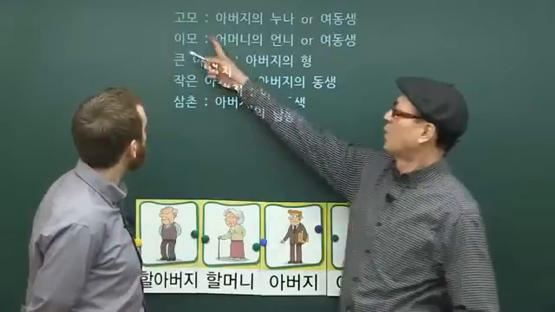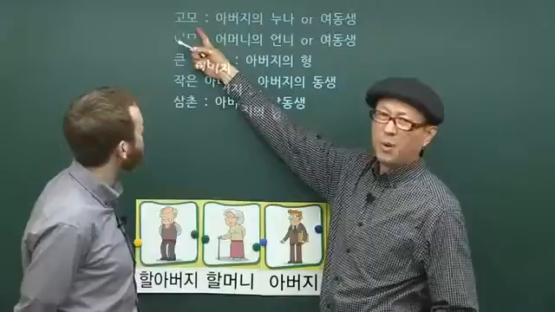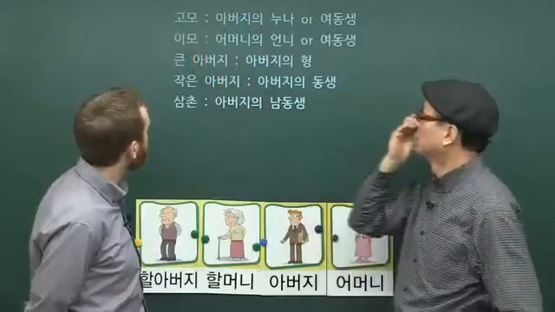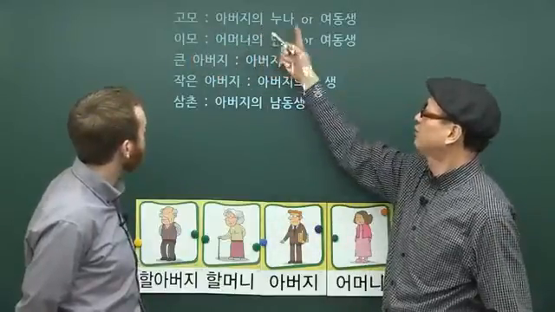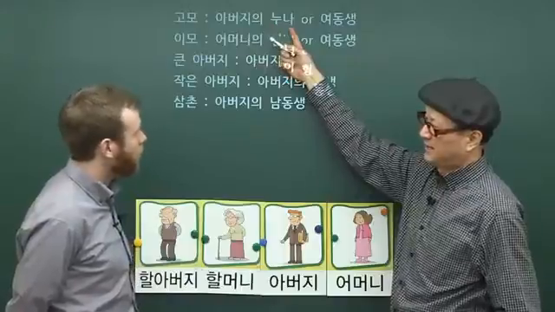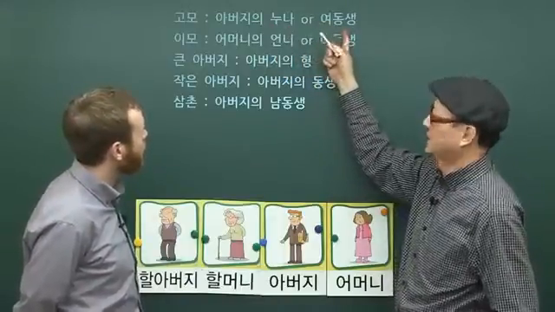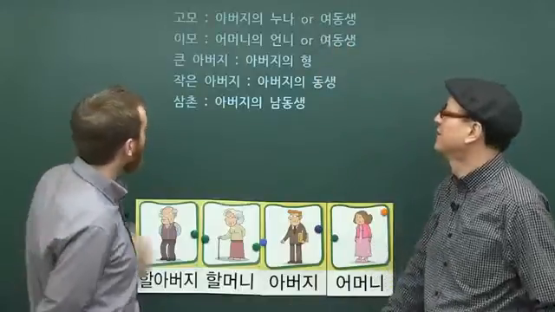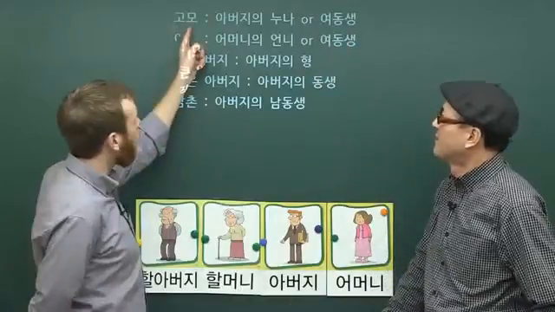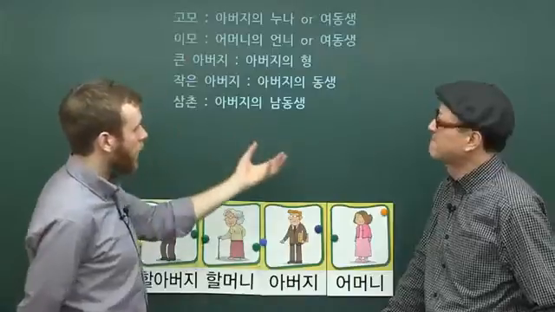Anyways, I'm making it confusing here, but let's just look at the terms. 고모. 고모는 아버지의 누나, or 여동생이에요. So father's older sister or younger sister. So this word 고모 means my father's side of the family.